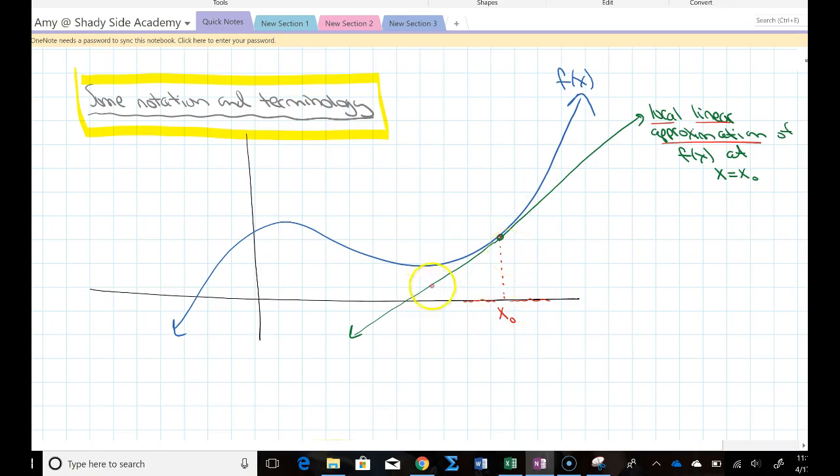We talked about whether this tangent line is an under or over approximation of the function, and we connected whether or not the tangent line is over or under approximating based on the sign of f double prime at x naught. Okay, that was yesterday. We also made sure to talk about the fact that who decides who's close enough, right?